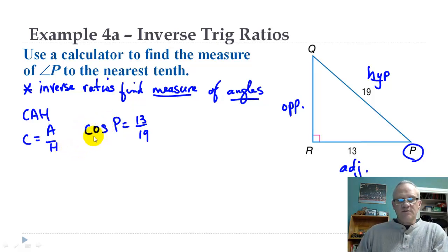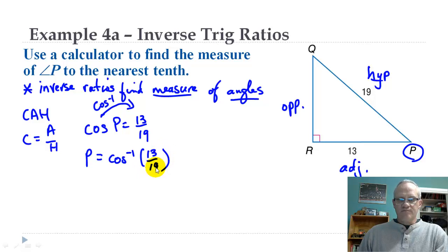If you have the cosine of this, then the opposite of that, when we do the opposite, we move it to the other side of the equation. So to move this to the other side, the opposite is the inverse cosine. So P would equal the inverse cosine of 13 over 19.